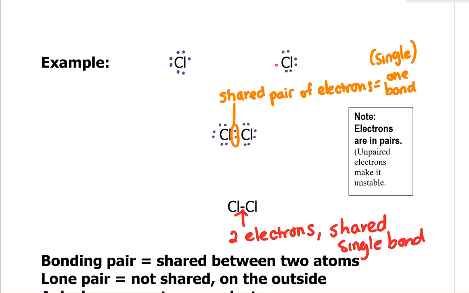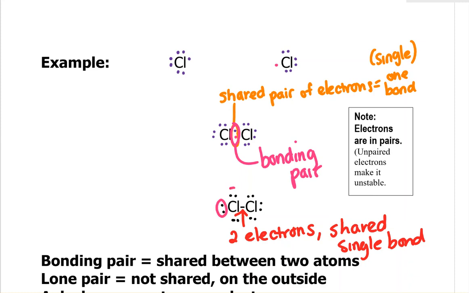let me go ahead and add those. So I could show those out here. When you do your Lewis dot structures, we're going to draw all of those for now. Okay, we call this pair a bonding pair of electrons.